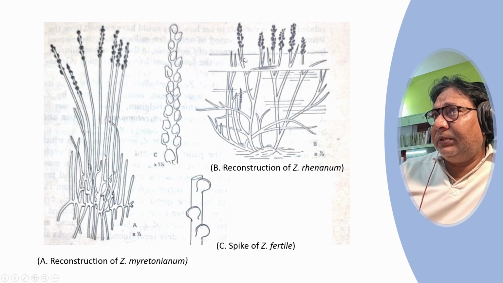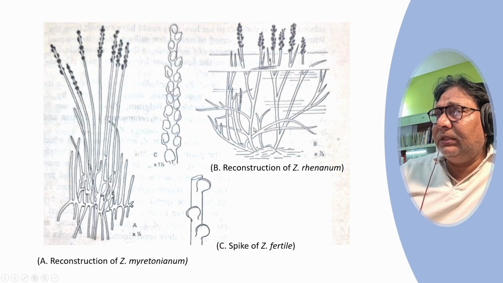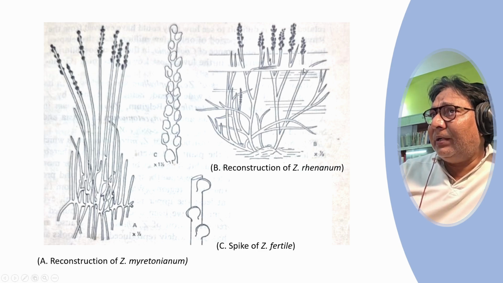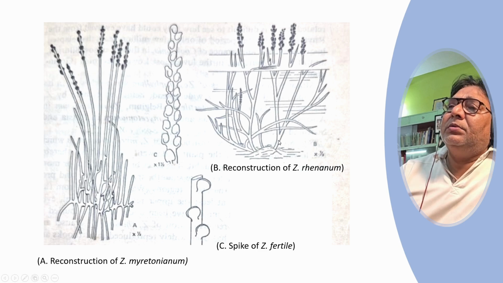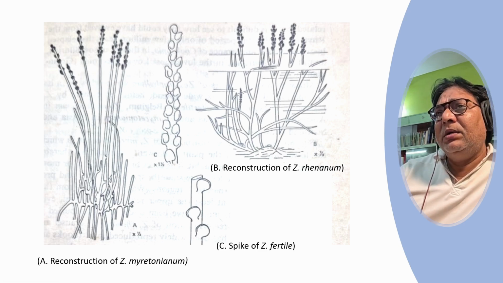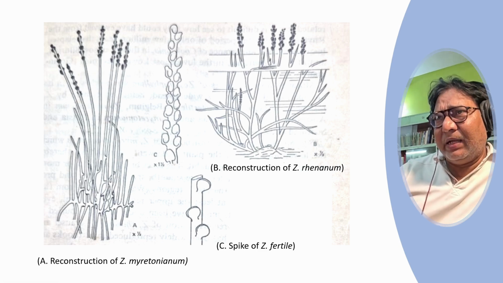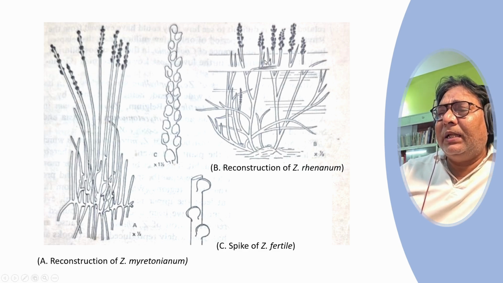The upper portion is rounded, the lower portion is flattened, and the stomata are present only on the upper portion, they are lacking on the lower portion. This indicates that the part where the stomata are absent and which is flattened was submerged under water or muddy area, and these spike-like structures were above the water level.